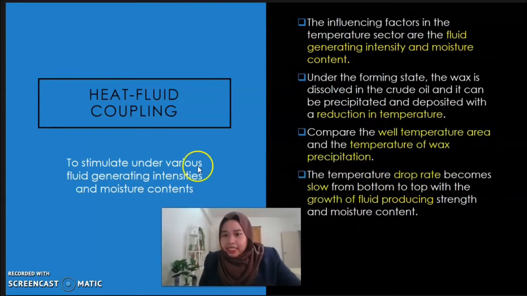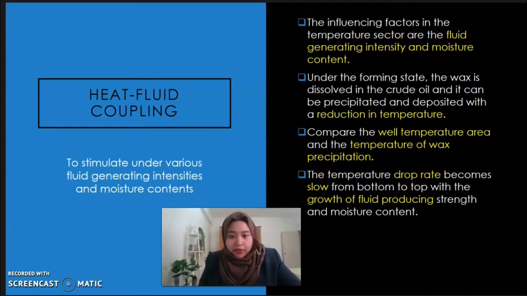The next method is heat fluid coupling, which is to simulate under various fluid generating intensity and moisture content. The most significant influencing factors in the temperature field are the fluid generating intensity and moisture content. With various fluid generating intensity and moisture content, the temperature field is experimentally verified.